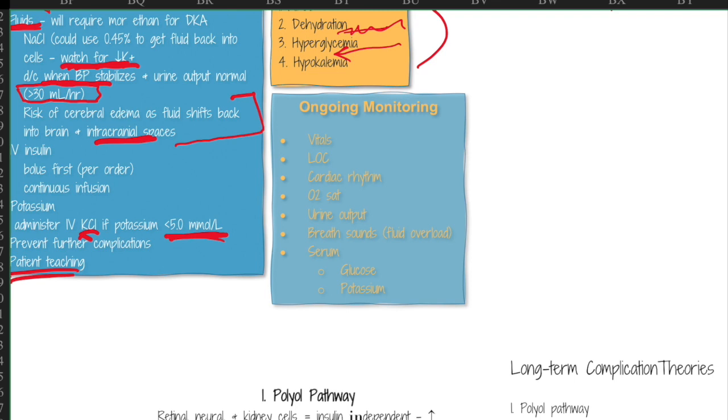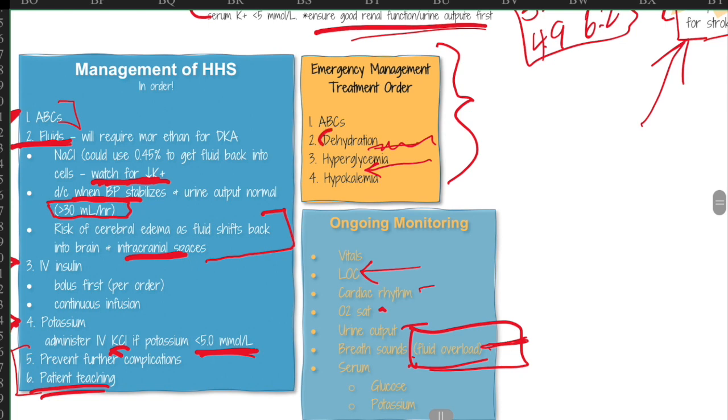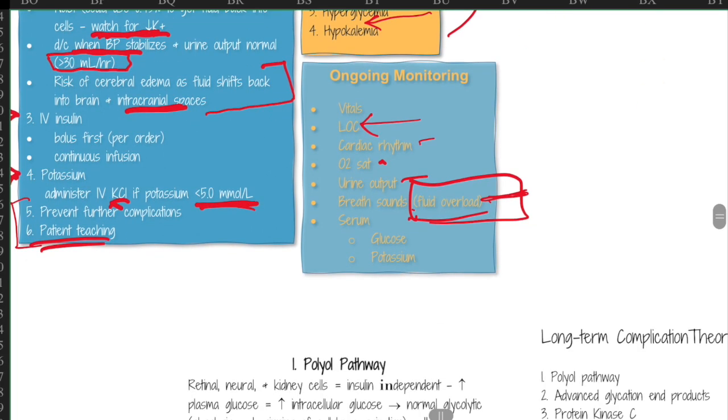Vitals, level of consciousness, LOC, really important because of everything that's going on with the neural function. They're going to be on tele, on O2 sat, and catheterized. You're going to be measuring everything that goes in and out. Breath sounds, because we're giving fluids. Test questions throw you off because you know you're dealing with dehydration, so why do you care about listening to the lungs?